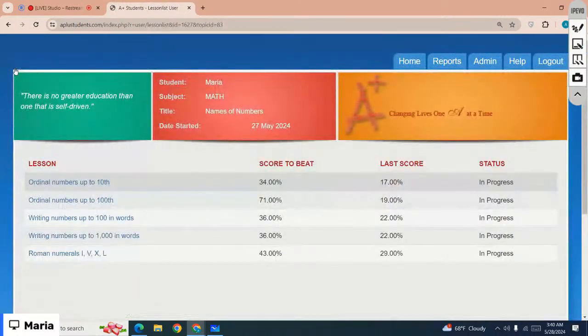So we were working on grade 2 math. The chapter we're working on is names of numbers.